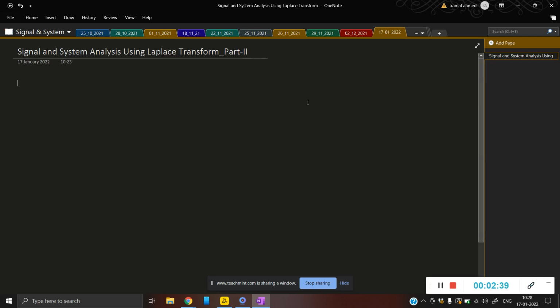In the Z transform, you have seen that it transforms a signal from its time domain to the frequency domain. Here, time domain to S domain, you are going to transform with Laplace also.